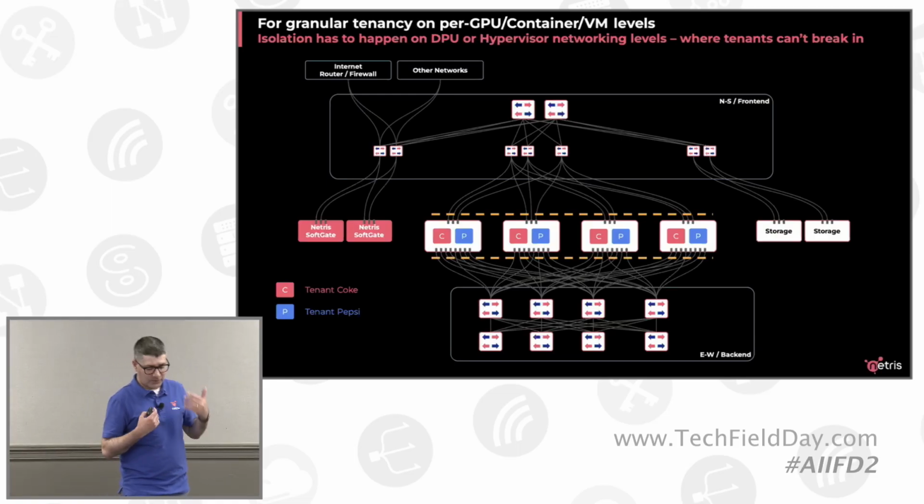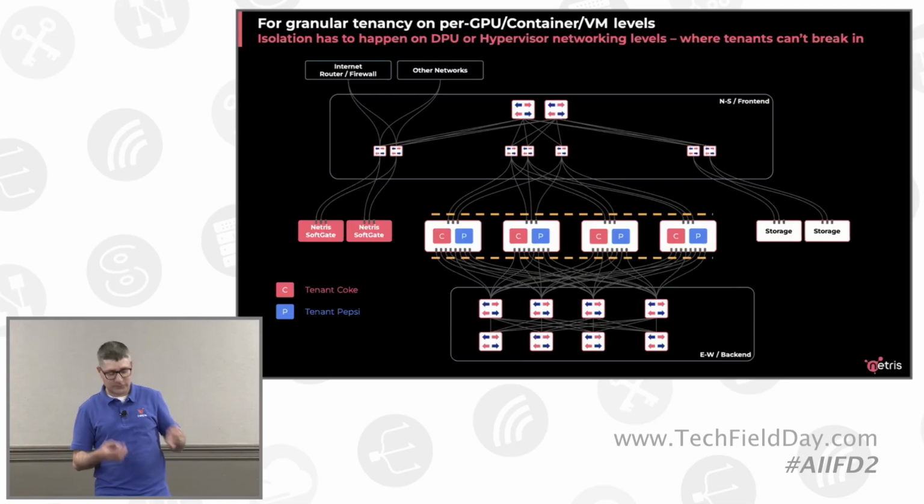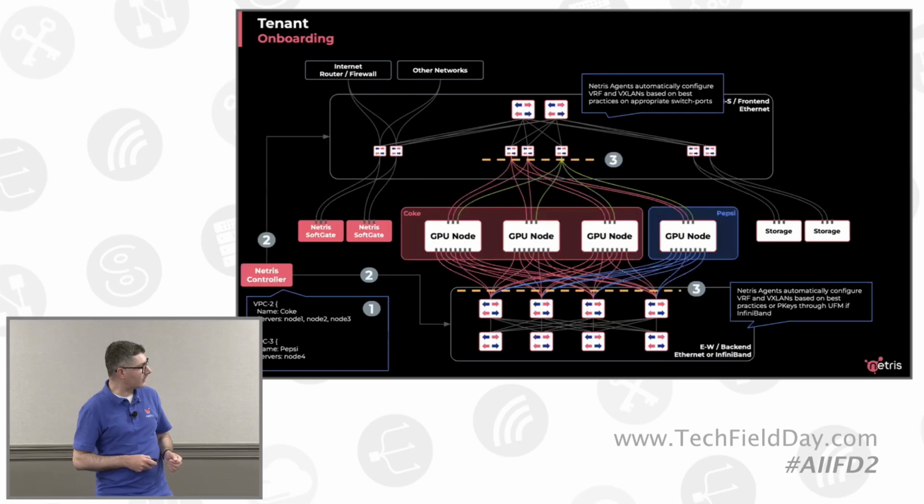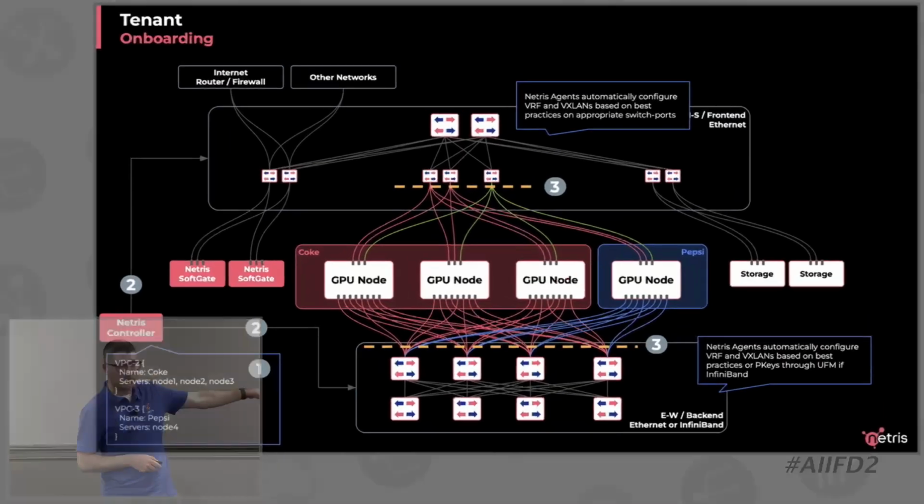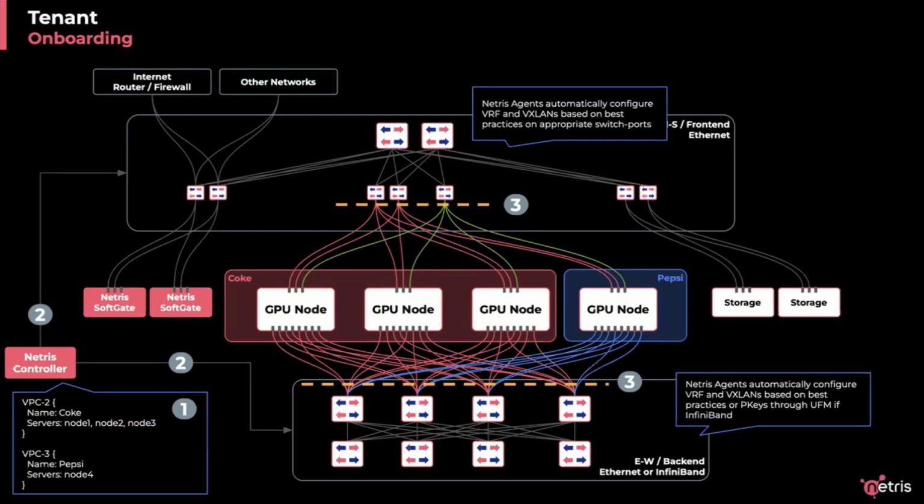And because we know that this is storage, this is not a random server, we're able to, when they say provide VPC peering, when provider says Coke, tenant Coke should access storage, we understand, okay, we will go and configure all the appropriate rules in the switches. So traffic which is exiting server from Coke, trying to travel to storage, will not be blocked.